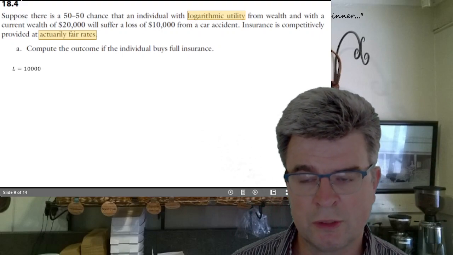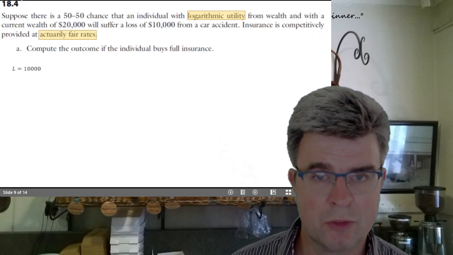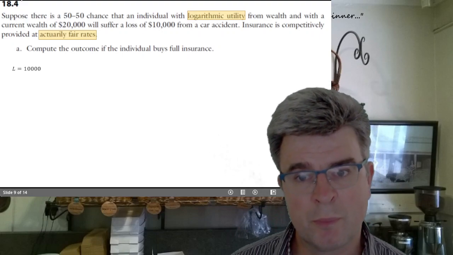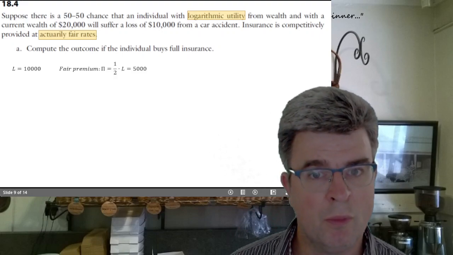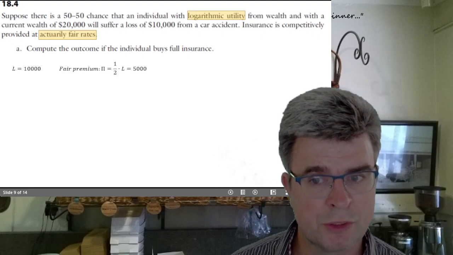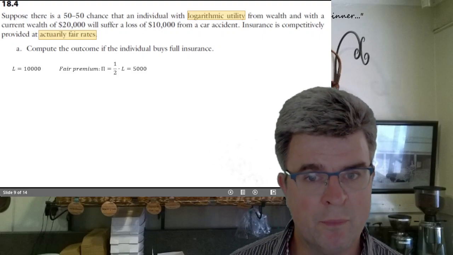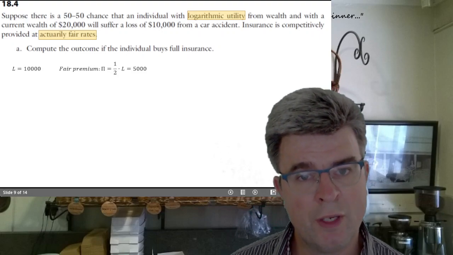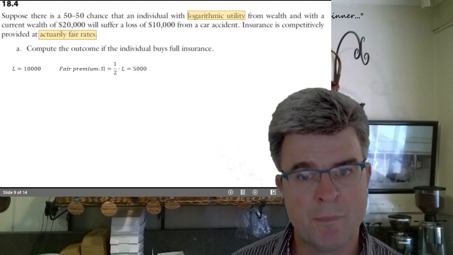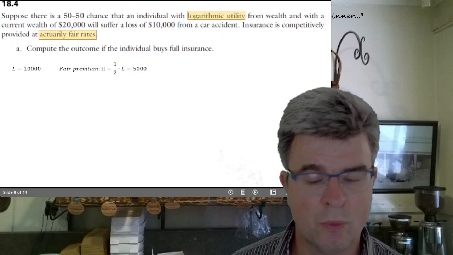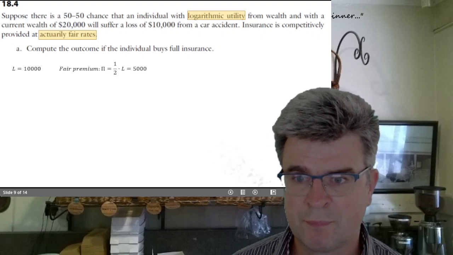The loss is $10,000, which happens with probability 1/2. So the expected loss is 1/2 times 10,000, which is 5,000, and the fair premium to be shielded from this loss is identical to 5,000.